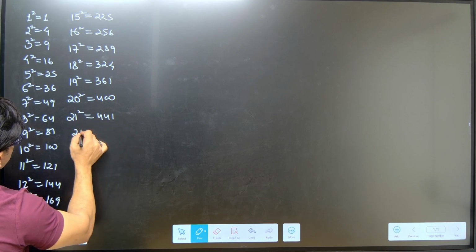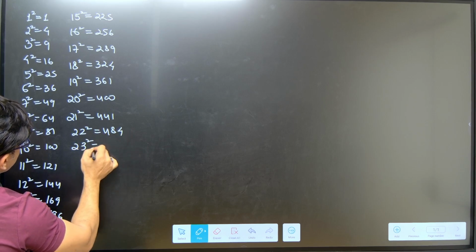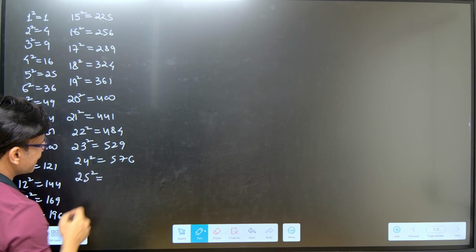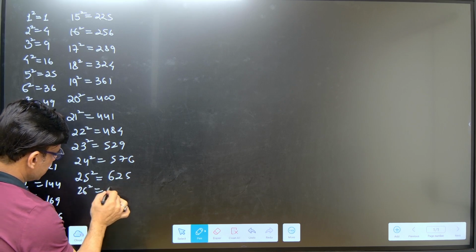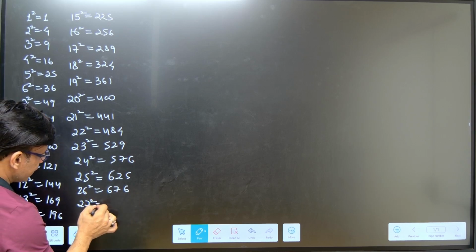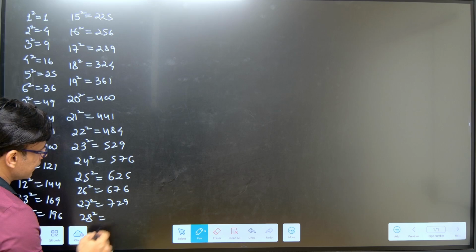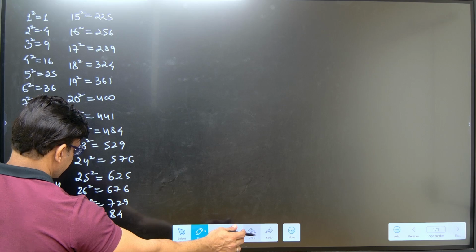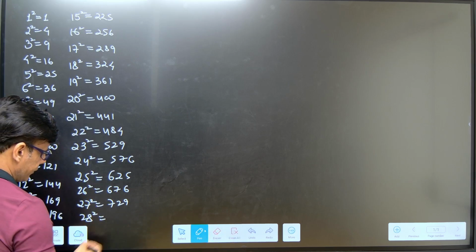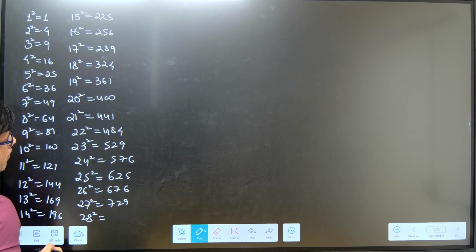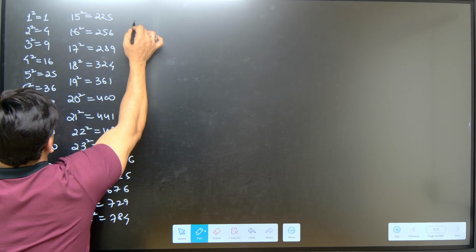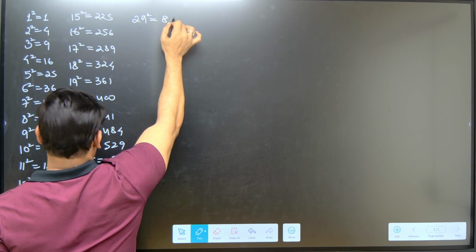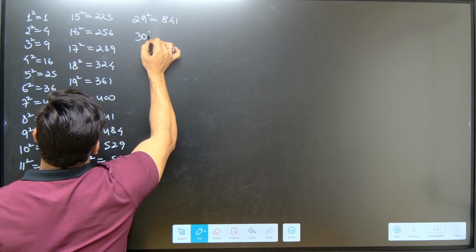21 square is 441, 22 square is 484, 23 square is 529, 24 square is 576, 25 square is 625, 26 square is 676, 27 square is 729, 28 square is 784, 29 square is 841 and 30 square is 900.